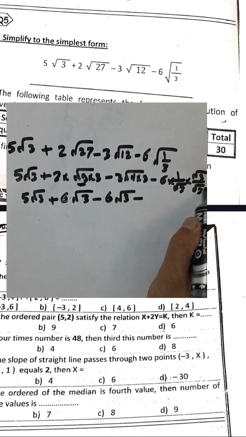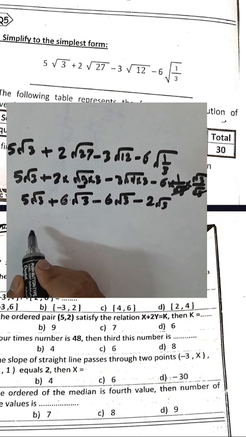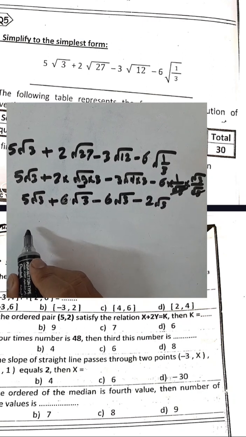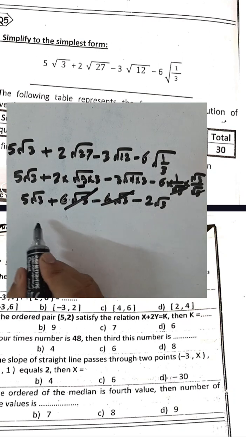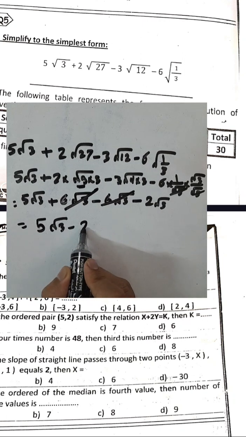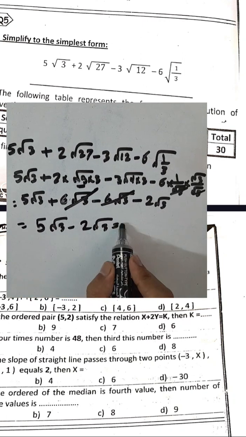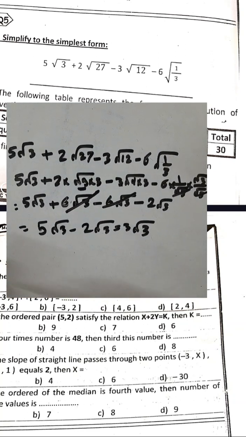And root 3 times root 3 equals 3, 6 divided by 3 equals 2 times root 3. And then we can find the result in the simplest form, cancel two terms, 5 root 3 subtract 2 root 3, 5 minus 2 equals 3 square root of 3. It's the result about this example.